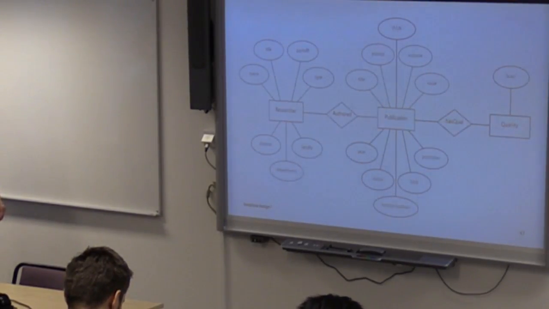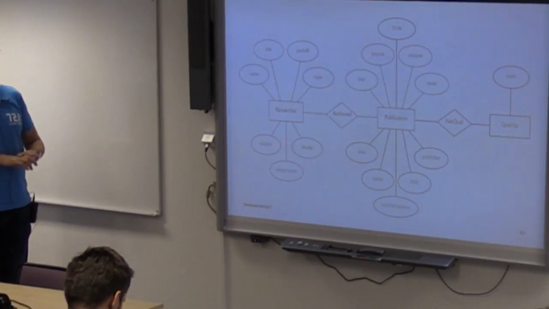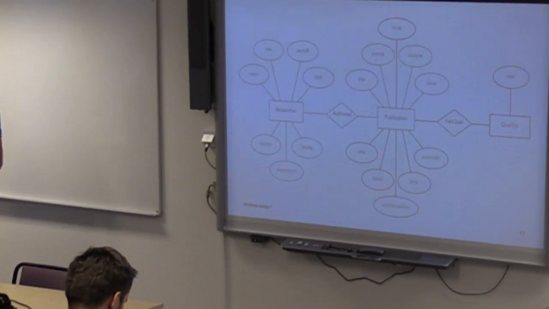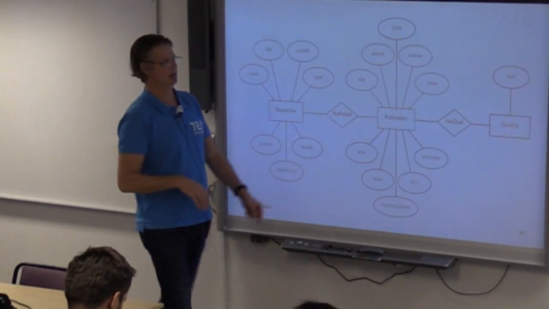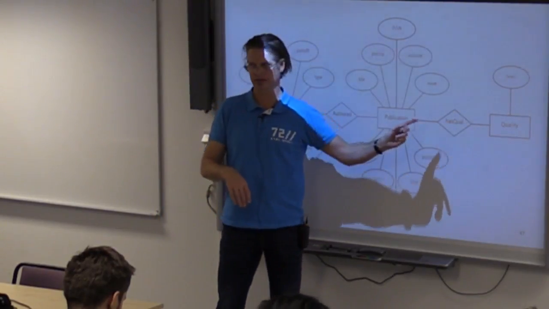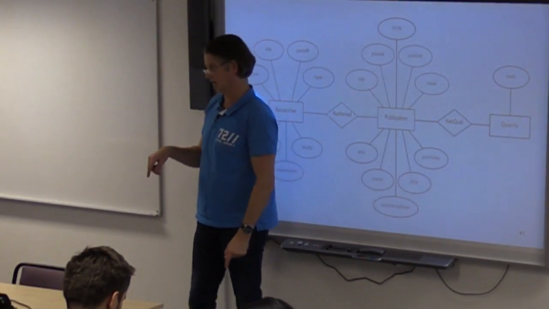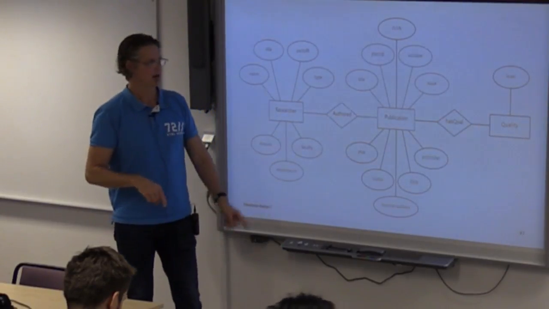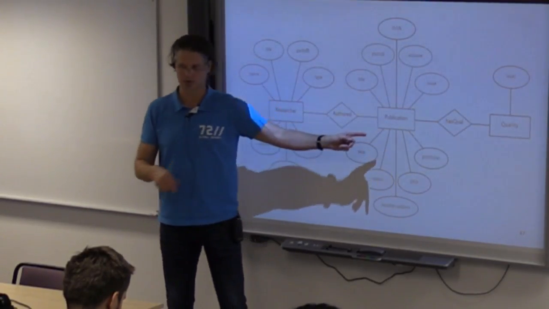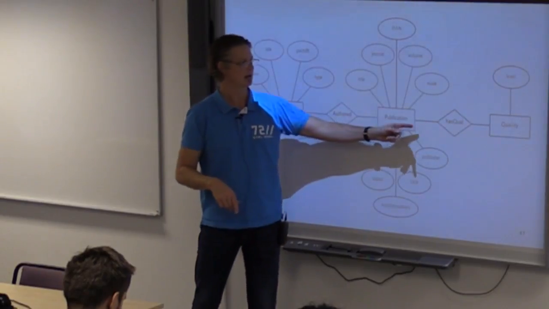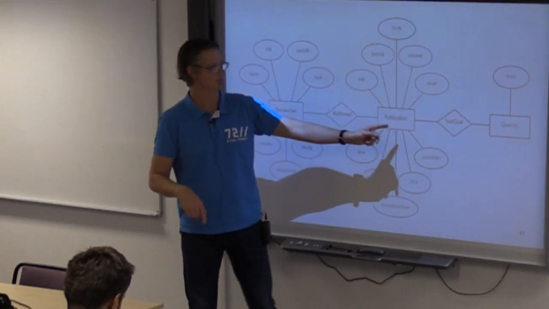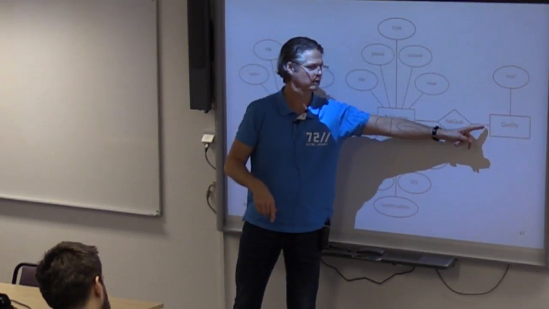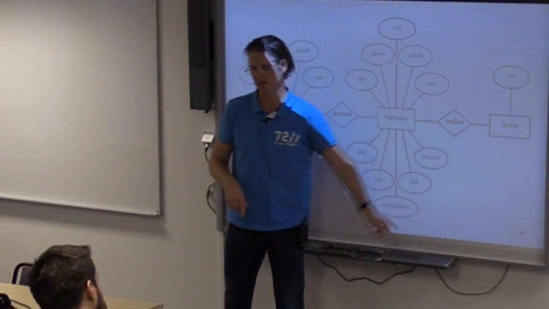Okay, so then we come up with this idea that, okay, let's create a new entity called quality that has the attribute named level that we were talking about earlier today, sorry. And the association is that the publication has a quality. And if we would read this correctly, we could have a look at that junction there, which means 0 or more.